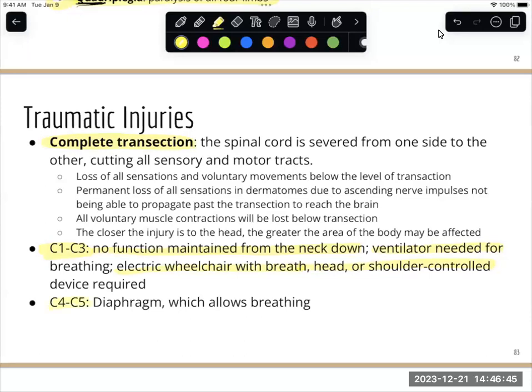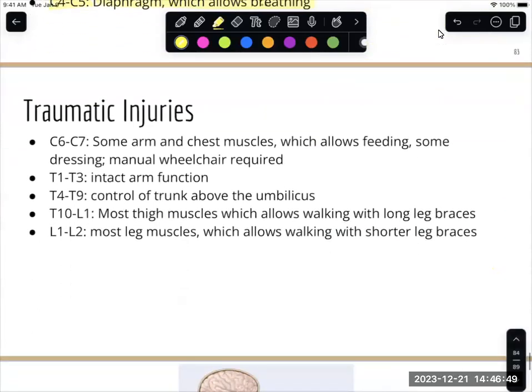C4 and C5, you can breathe. C6, C7, you can move some of your arms, some of your chest, so you can actually feed yourself. You can do some dressing, but you're going to need help, and you can use possibly a manual wheelchair. T1 to T3, you have full arm function. T4 to T9, you have control above the umbilicus.